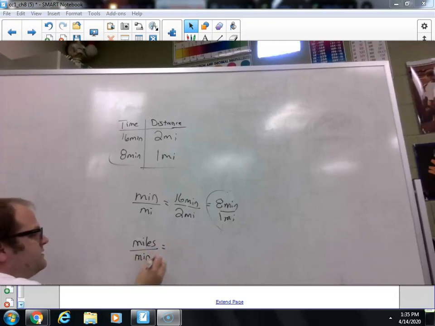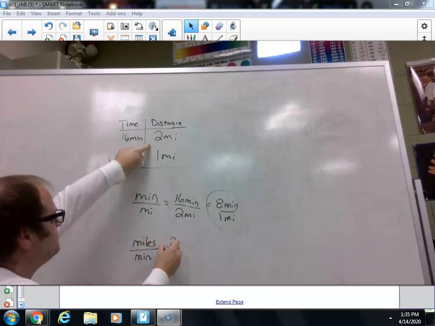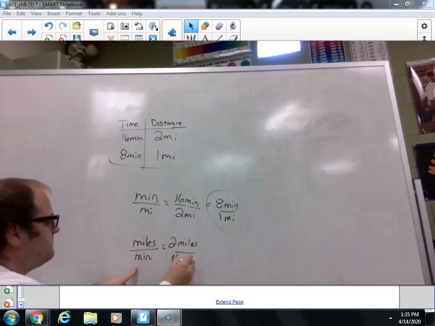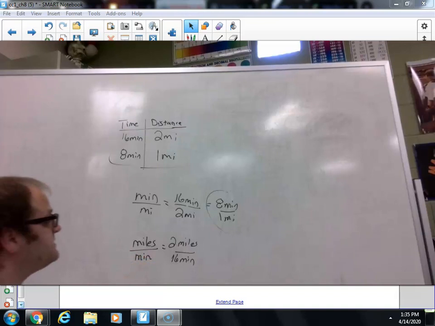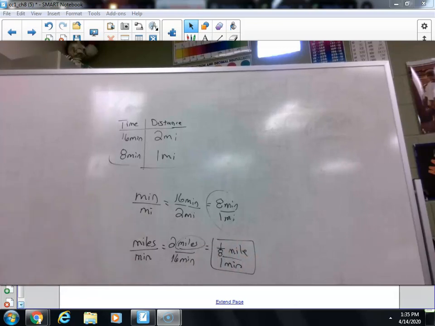So instead of 16 minutes to 2 miles, we plug in 2 miles for every 16 minutes. So instead of 16 divided by 2, now it's 2 divided by 16. 2 divided by 16 is 1/8 of a mile for every 1 minute. So remember, ratios are just fractions, and fractions are just division problems. So for letter A, we were able to compare minutes to miles, and in letter B, we compared miles to minutes.